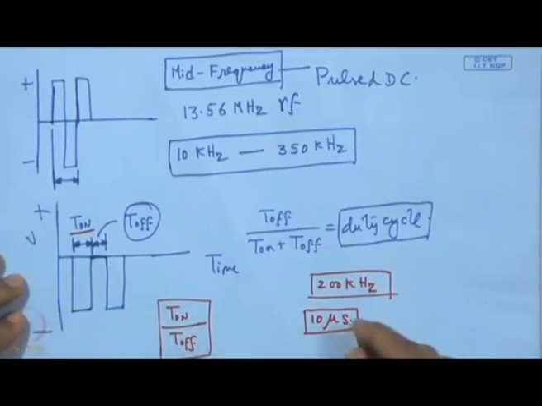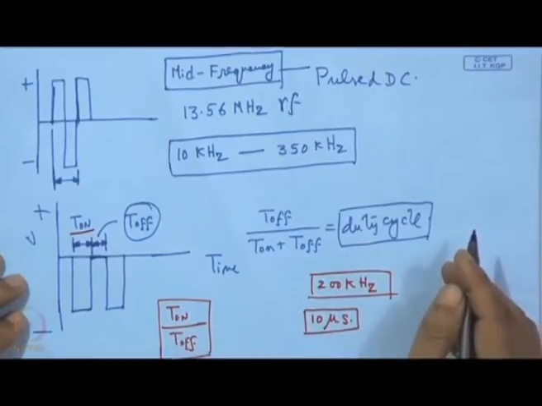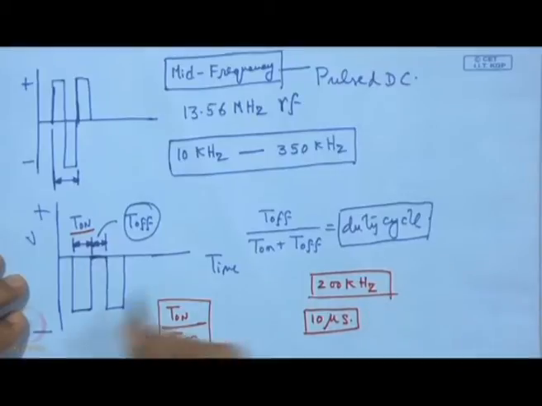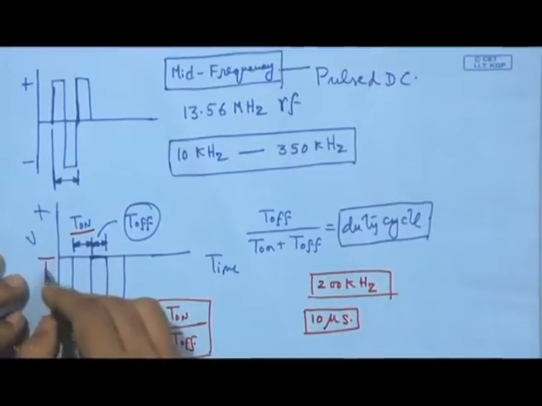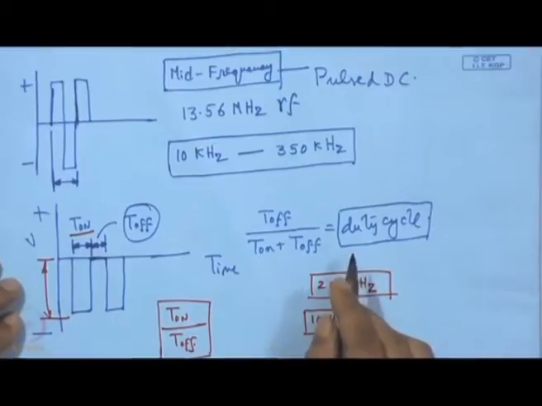So, maybe here we can have 20% duty cycle or 40% duty cycle. This also depends upon this impressed voltage. So, based on experience, one can decide what the duty cycle should be, but at the same time one should not ignore the productivity.